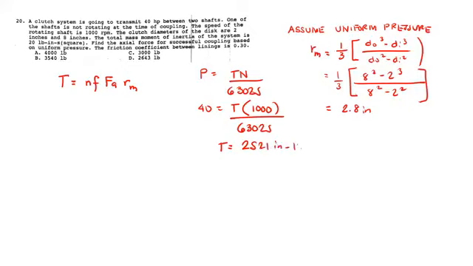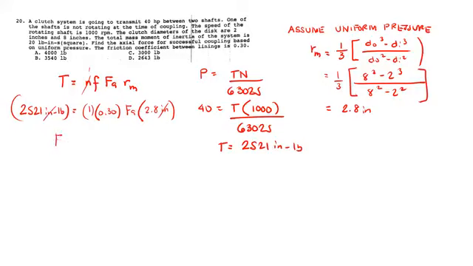2521 inches to pounds. So, substitute 2521 inches to pounds is equals to number of, so, ilan yung number of clutch or number of plates? Wala. So, 1. Then, friction, 0.30. Then, FA times mean radius na 2.8 inches. So, maka-cancel sa inches.